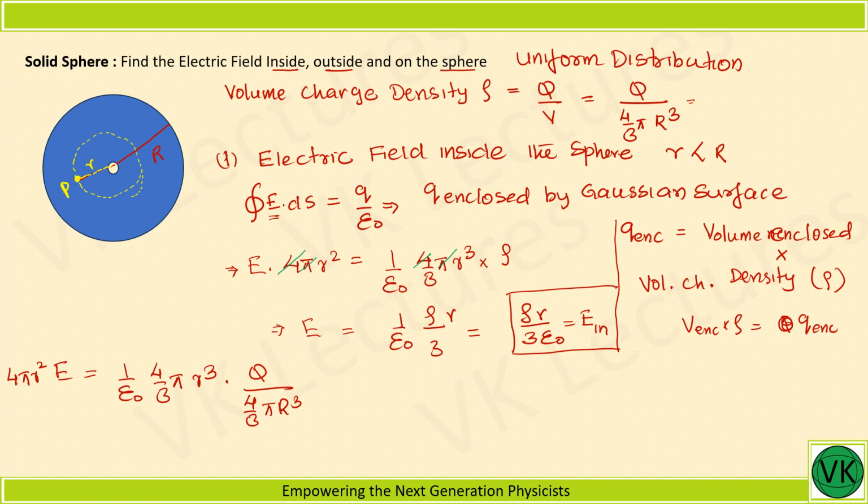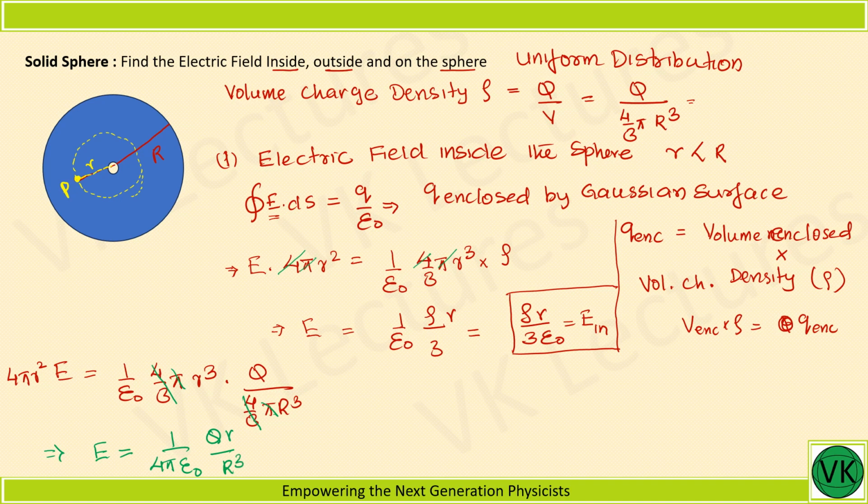So here 4 by 3 you can cancel, pi can be cancelled, so this can be written as electric field equal to 1 by 4 pi epsilon naught r square, and r that gets there, so capital Q r by capital R cube.